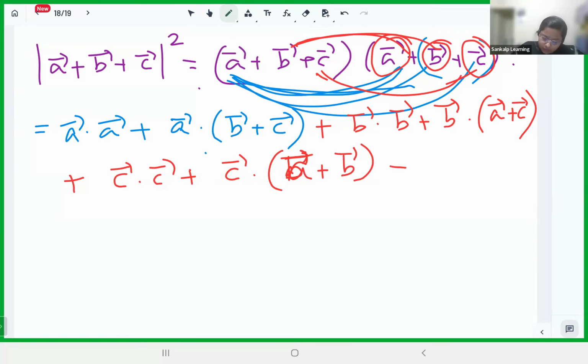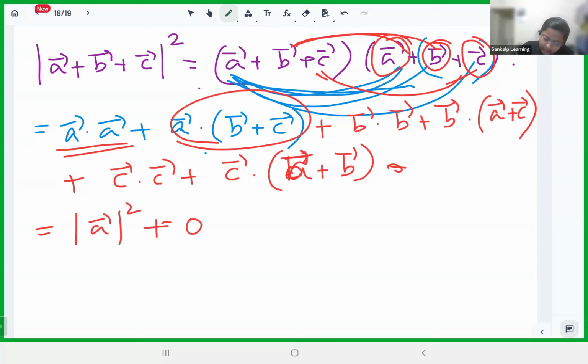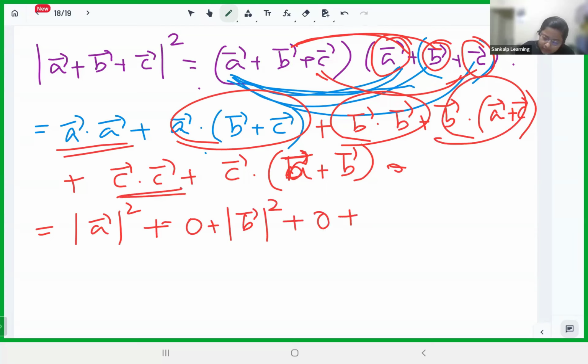So this is equal to magnitude of A square, and this one we know is 0 from the question. This one is magnitude of vector B square, this one we know is 0, and this one is magnitude of vector C square, plus this one is 0.